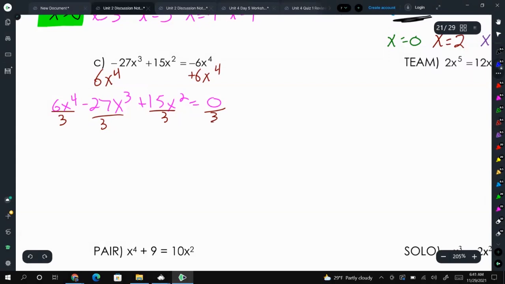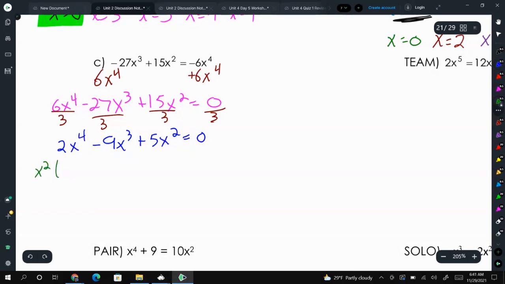When I divide everything by 3, I get 2x to the fourth minus 9x to the third plus 5x squared equals 0. Now I'm going to factor out an x squared because all of these have an x squared in common.